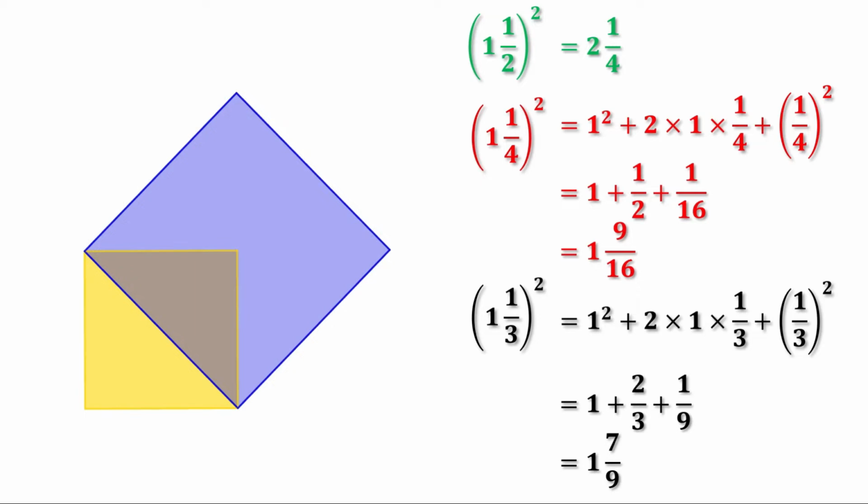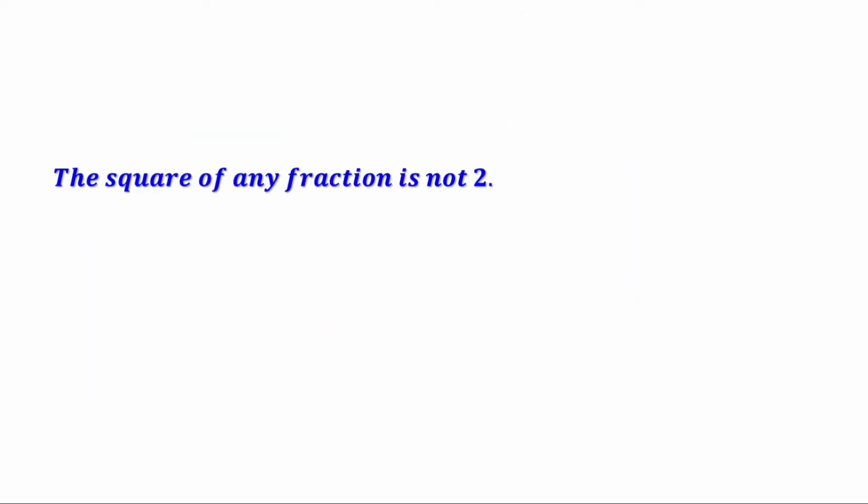Like this, we can try many fractions and we can find fractions whose squares are closer and closer to 2. But never do we get a fraction whose square is exactly 2. That means the square of any fraction is not 2. This is the diagonal of this square and side of the large square.